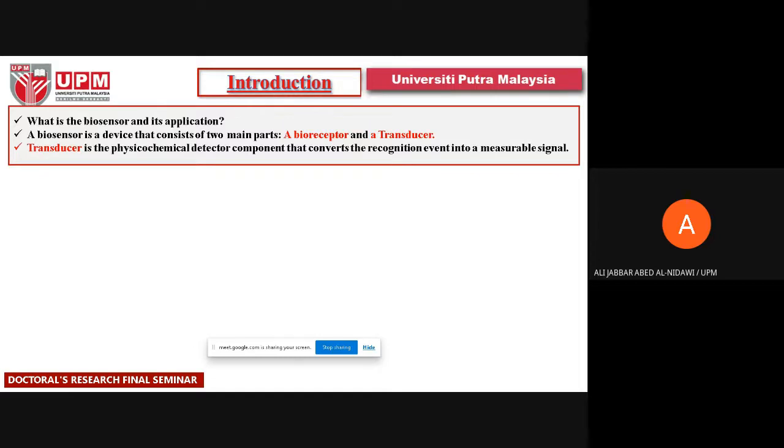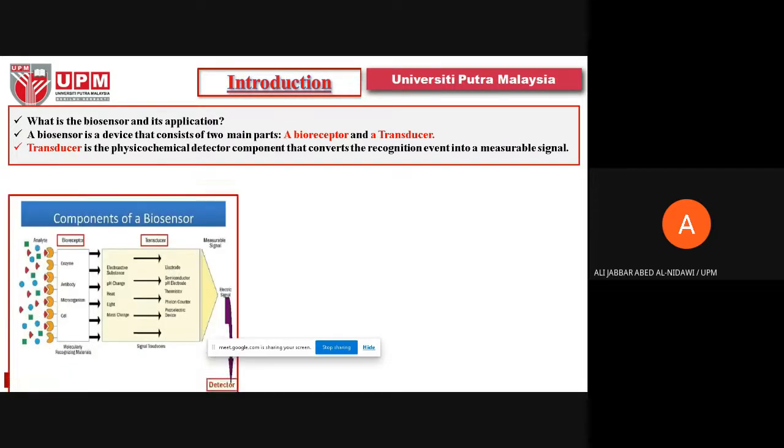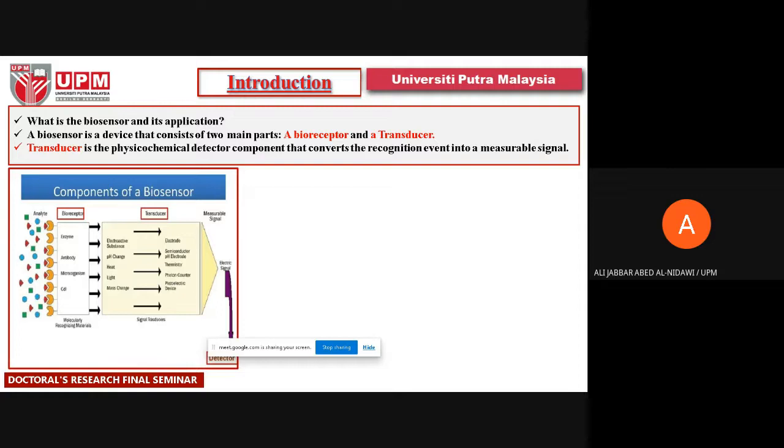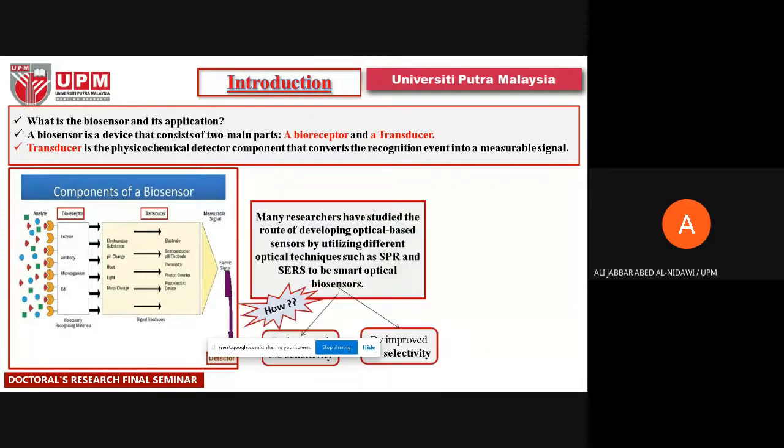A biosensor is a device that consists of two main parts, which are the bioreceptor and the transducer. The transducer is the physicochemical detector component that converts the recognition event into a measurable signal, as you can see in the figure.